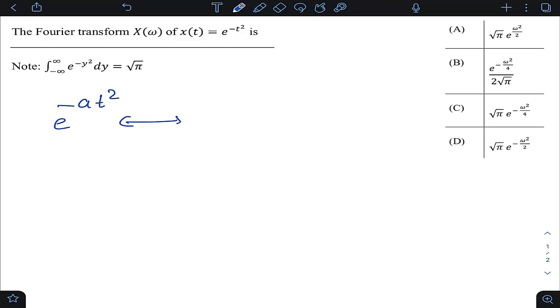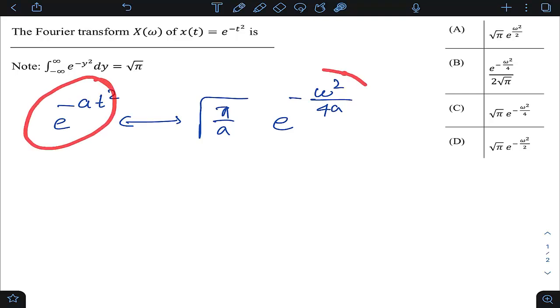Its Fourier transform is given by square root of pi by a into e raised to the power minus omega square by 4a. This is the Fourier transform of a standard Gaussian pulse. The Fourier transform of a Gaussian pulse is again a Gaussian pulse. The waveforms of the time domain signal and the frequency domain signal look similar, and it's a very standard relation.